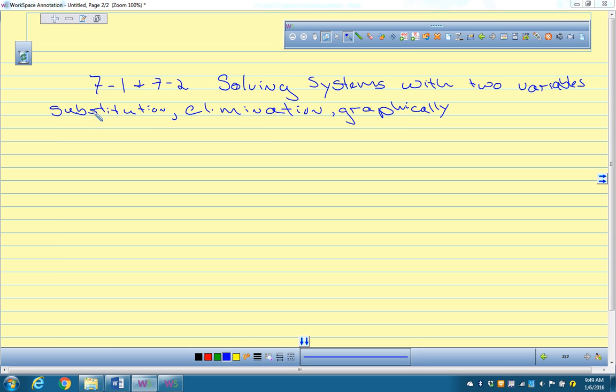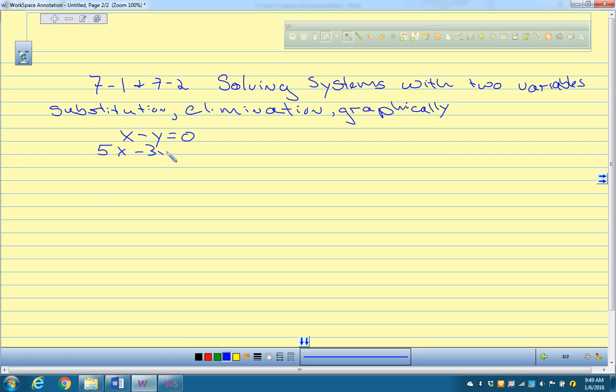And sometimes the system lends itself to substitution, elimination, or graphing. So we're going to do one system in each of these three ways. So say we have this system, x minus y equals 0, and 5x minus 3y equals 6.